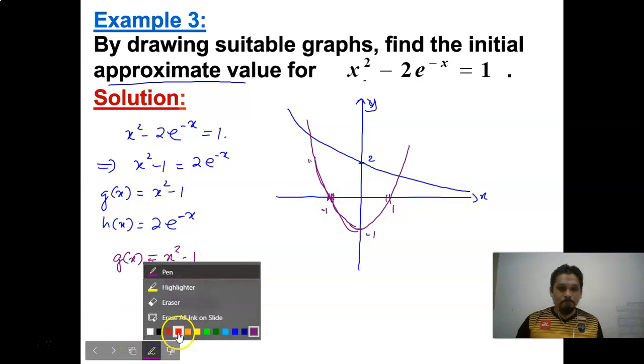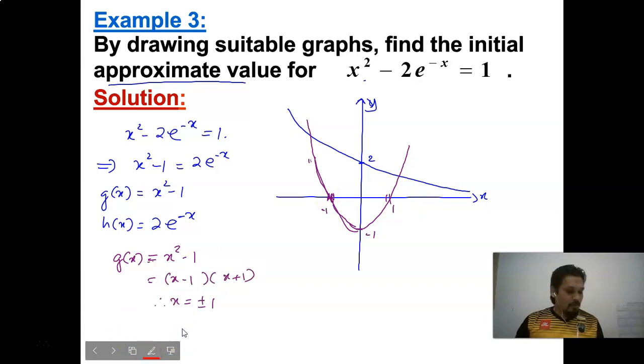And now, the intersection point between these two, okay, so I think that I need to make some adjustment here.